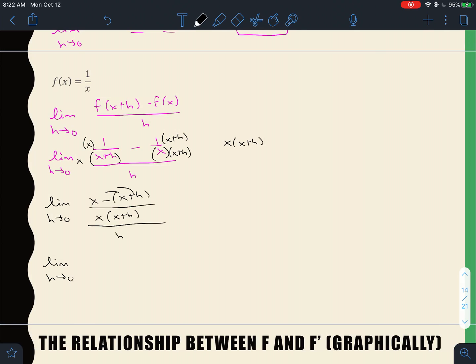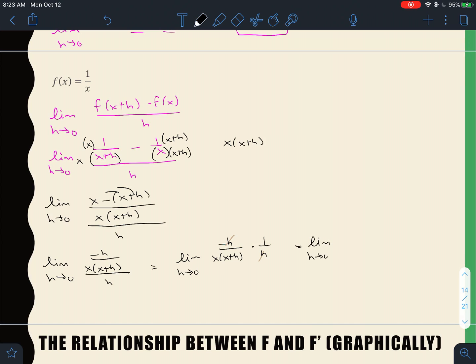So if I simplify the numerator, I'd distribute here, and those x's would cancel, so I'd get −h over x(x + h) all over h. I'm dividing by h, which is the same thing as multiplying by 1 over h, so it's going to be the limit as h goes to 0 of −h over x(x + h) times 1 over h. Now notice those h's are going to cancel.